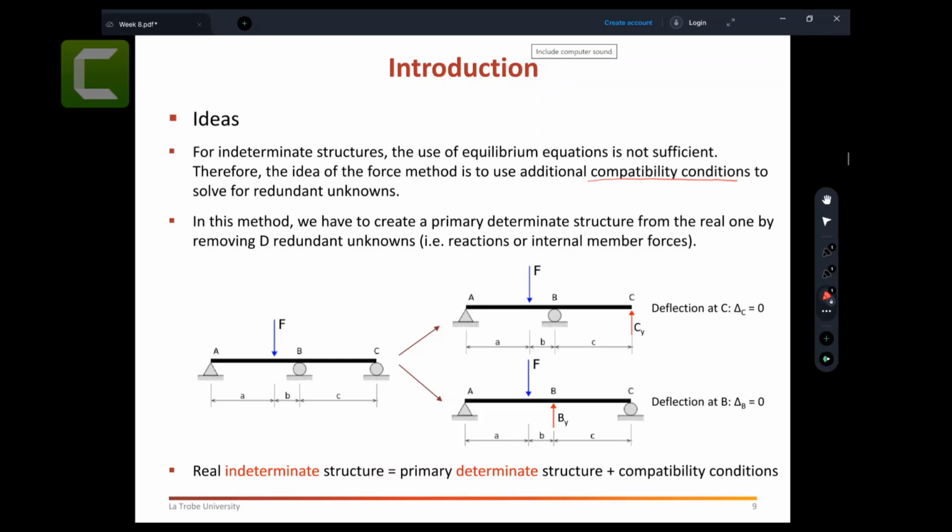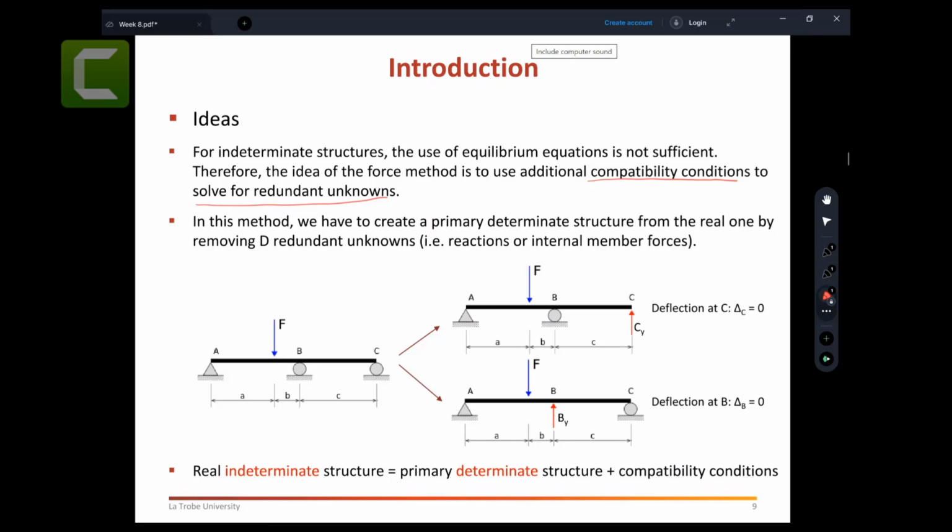Now let me help you with the compatibility condition to solve the redundant unknown force. You have three equilibrium equations that you keep with you, and we don't want to forget them. But there is an extra quantity. Let's say the degree of indeterminacy is 1, so you need 1 extra compatibility condition. If the degree of indeterminacy equals 2, you need 2 additional compatibility conditions.